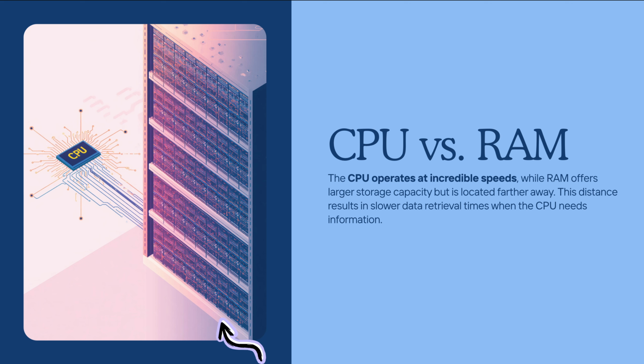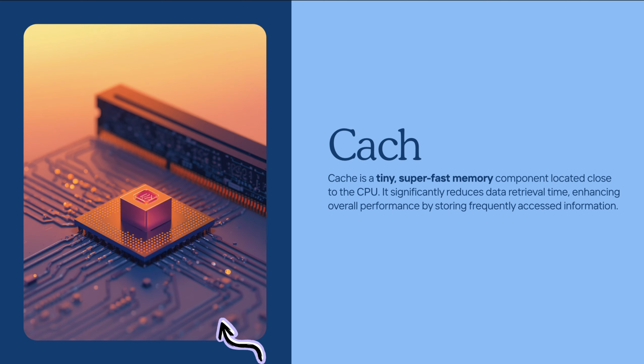So we come up with this idea of how we can get this data closer to the CPU, because the RAM is so far away. This is where we discuss cache memory. Cache memory is a tiny amount of very fast memory located right next to the CPU. Its job is to hold data and instructions that the CPU is likely going to use. The easiest way to remember is: cache is small, fast, and close.